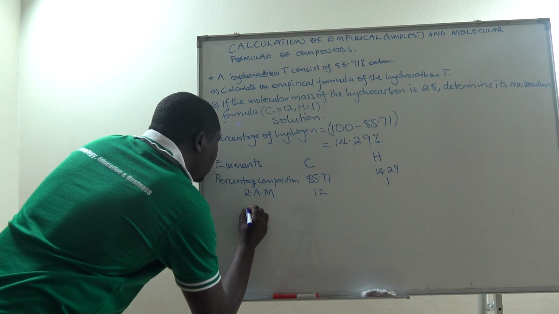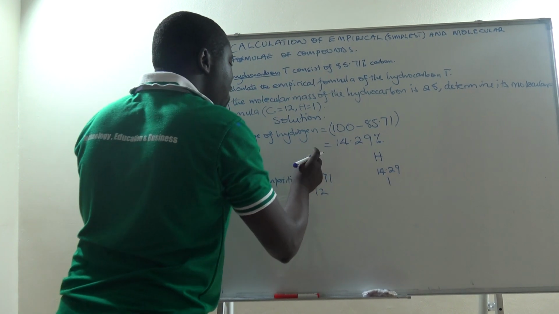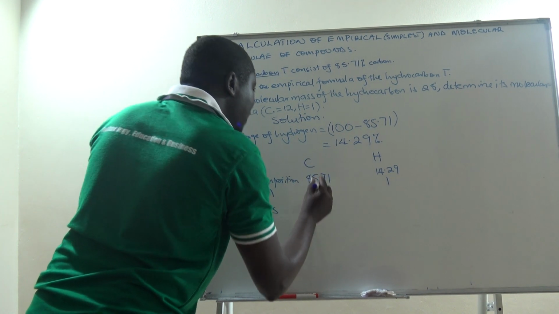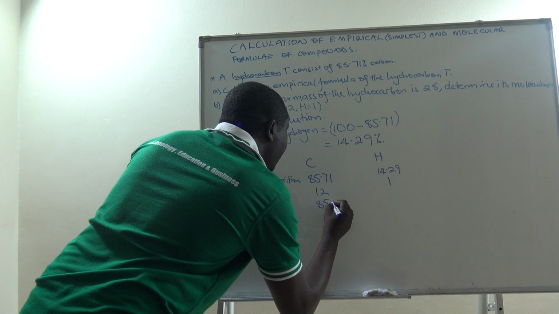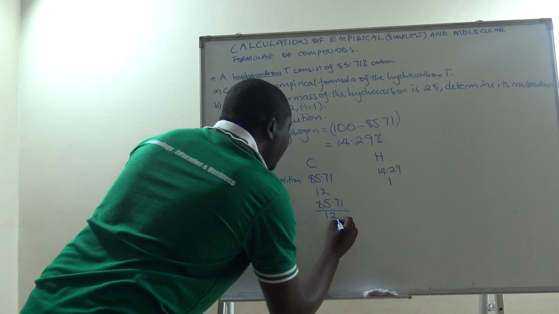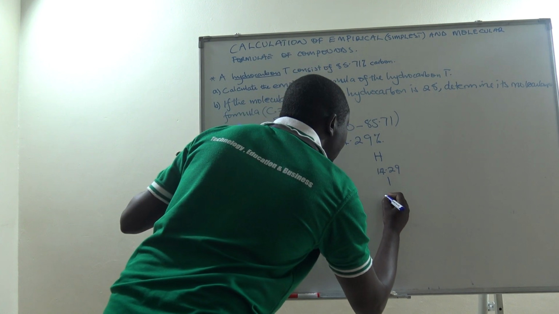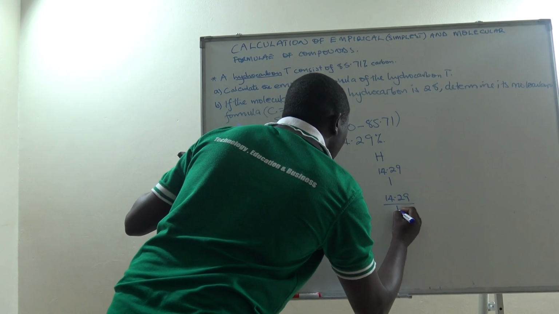So we now go to the step of getting the number of moles. If we want to get the number of moles of carbon, we are going to divide the percentage composition, which is 85.71, by the relative atomic mass, which is 12. Likewise here for hydrogen, it will be 14.29. We divide it by 1.